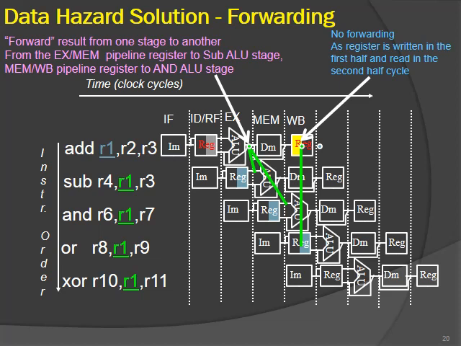So if we are using the register file in the same clock cycle, this register file can be divided into two halves. The first half is for the write stage, the second half is for the read stage. In this way, the problem of data hazard can also be solved.